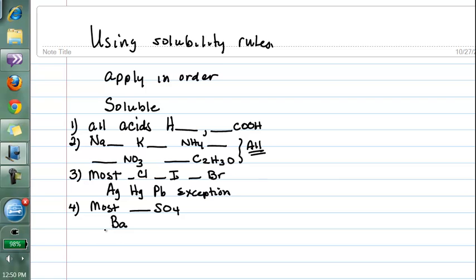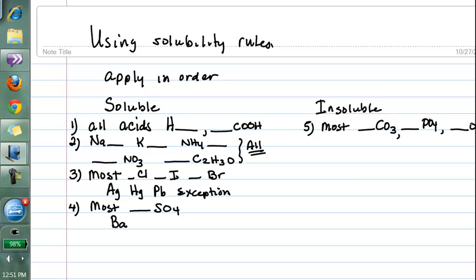Okay, those are the soluble. And the group of things that are insoluble are, and we're going to have this as rule number 5, most carbonates, most phosphates, and most hydroxides are not water soluble.